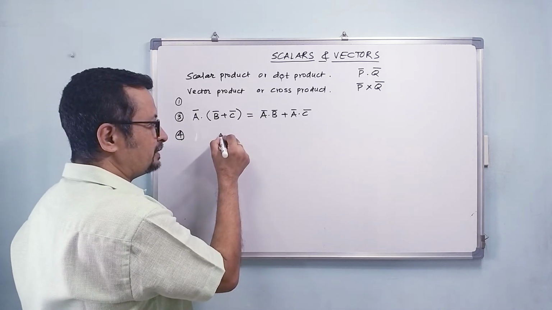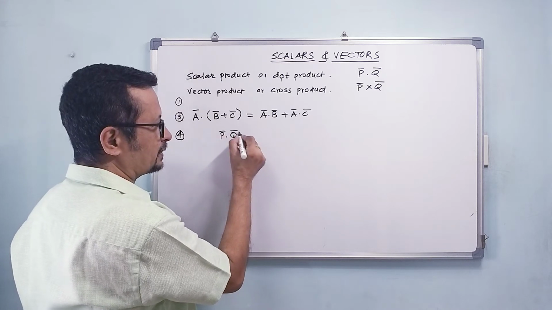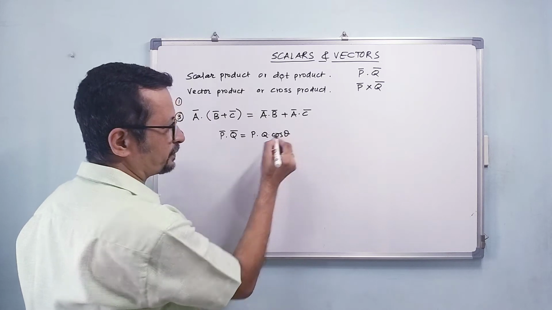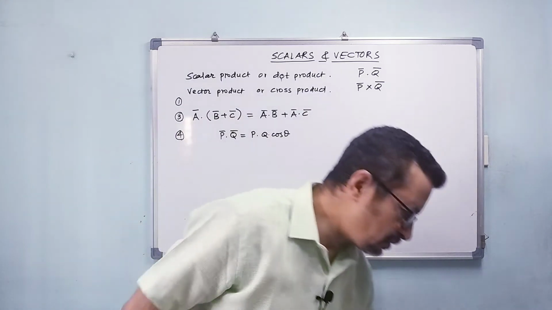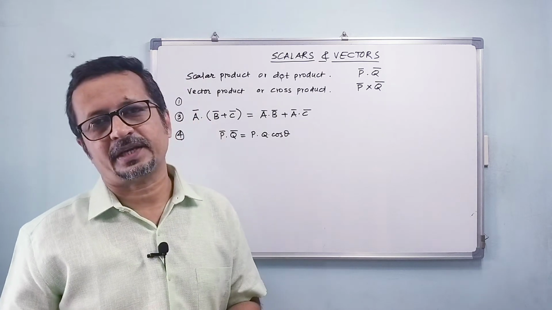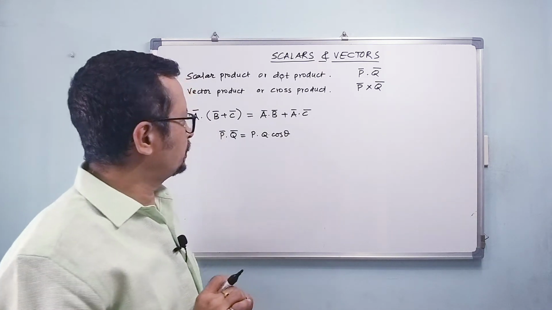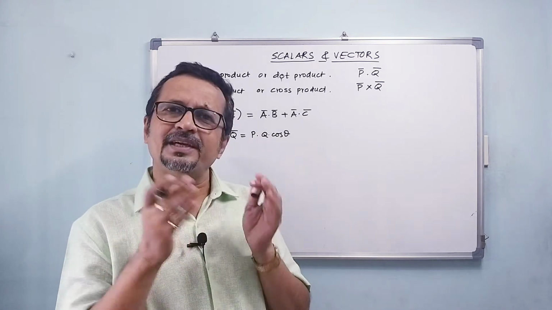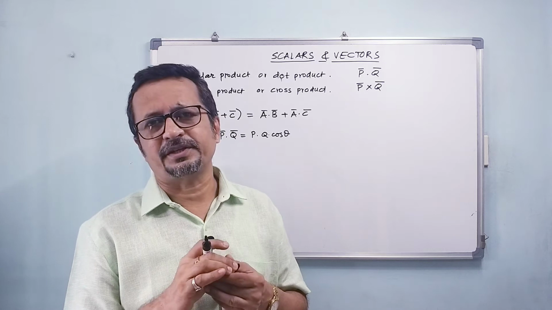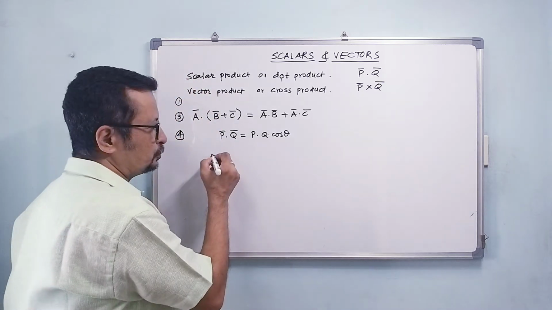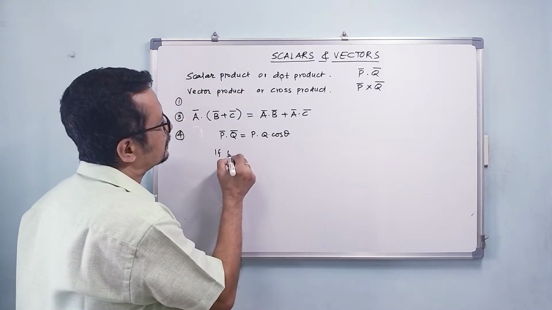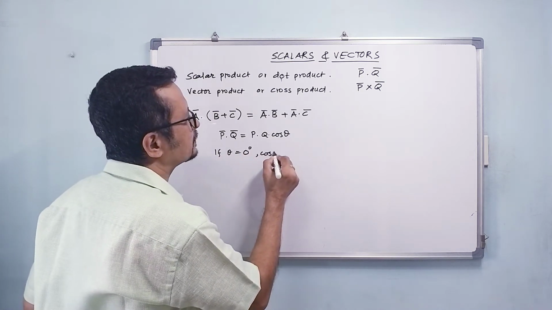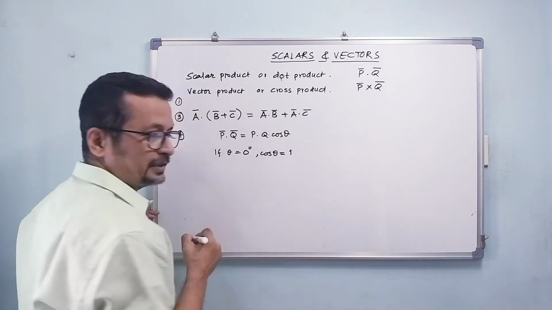we have defined p bar dot q bar as pq cos theta. Now cos theta is always at most 1. But what is the value of theta here? Theta can be anything between 0 and 180 degrees. If theta is equal to 0 degrees, then cos theta is equal to 1.